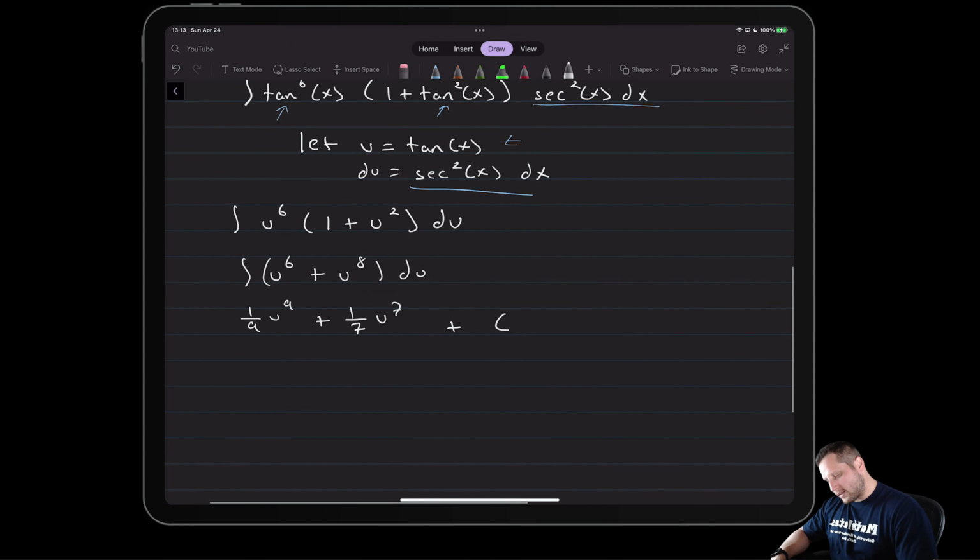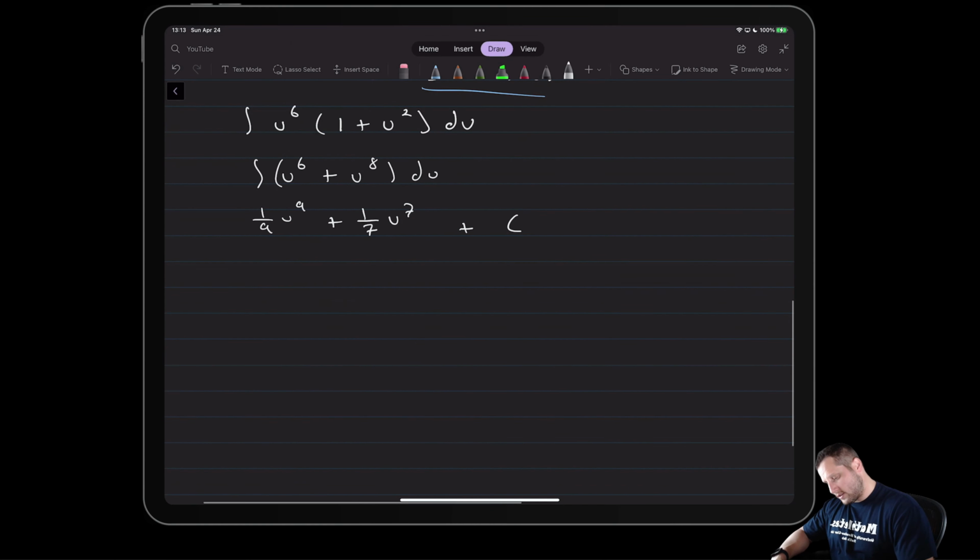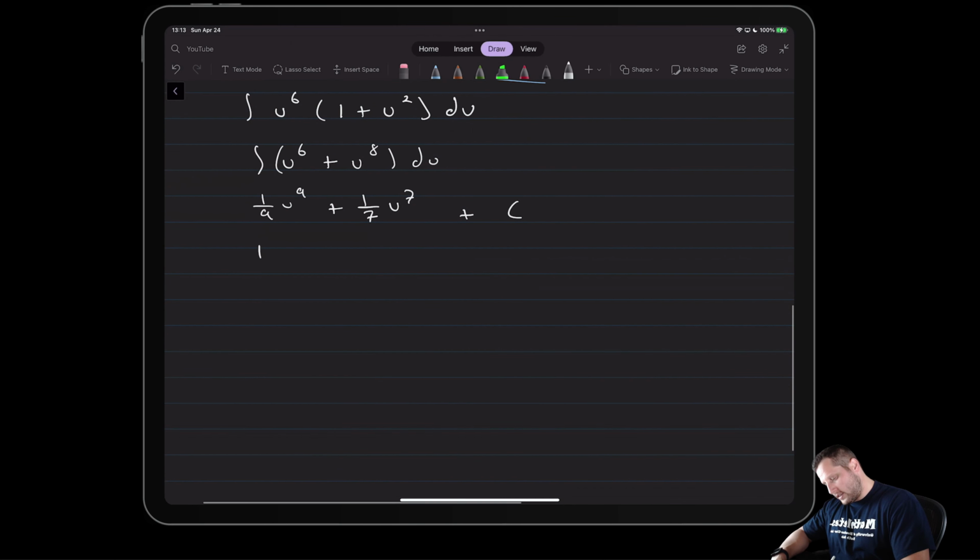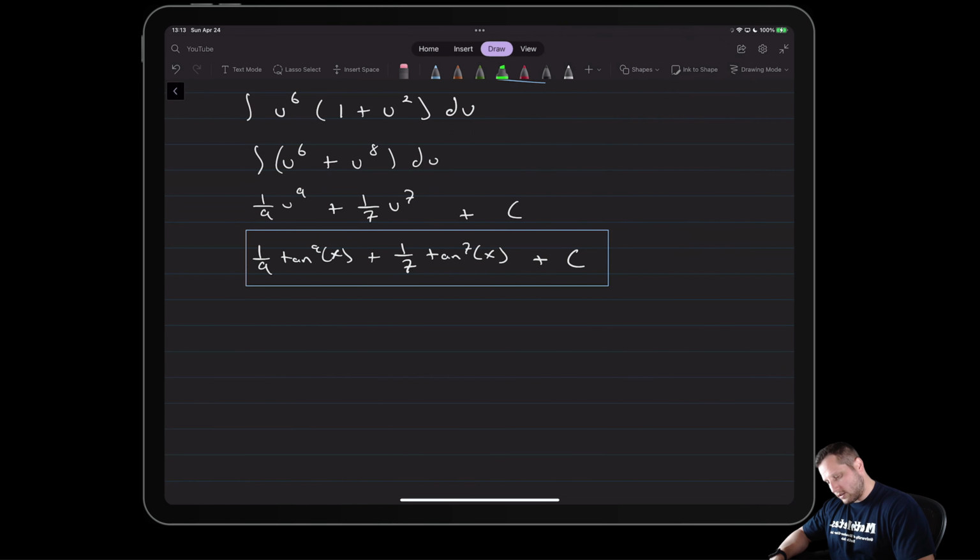Now we need to back sub our u equals tangent x, and the result is 1 over 9 times tangent to the 9th power of x plus 1 over 7 times tangent to the 7th power of x plus c. And that is going to be your result for that integral, and that is directly from the strategy.